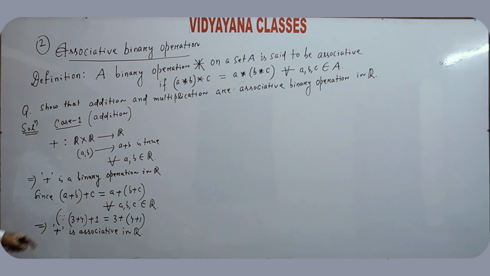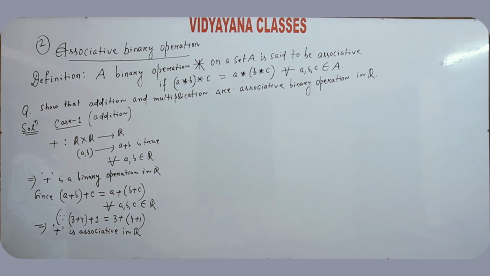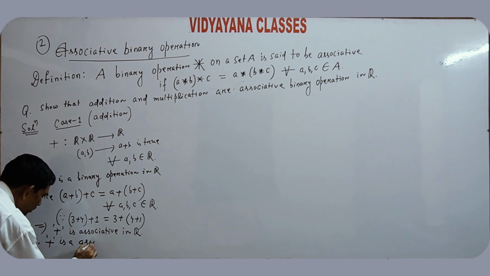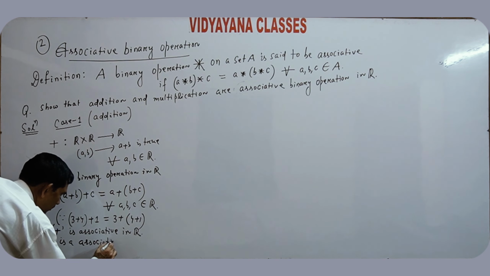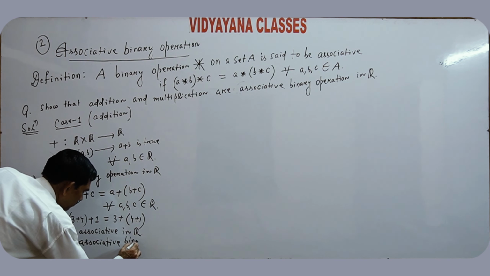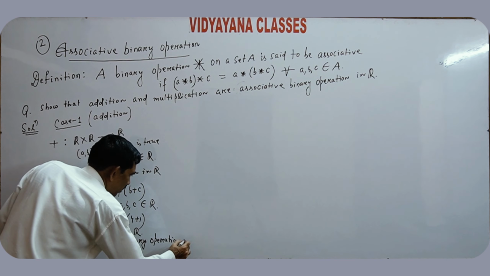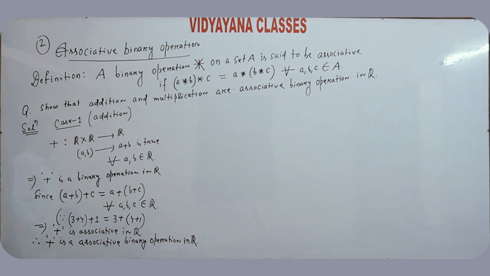Combining the above two, addition is a binary operation in R, and addition is associative in R. Therefore, addition, that is the plus sign, is an associative binary operation in the set of real numbers.